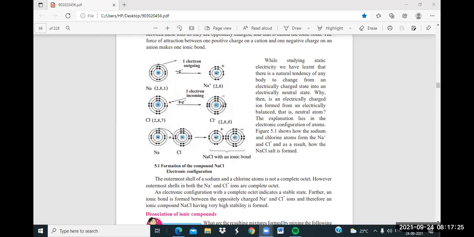Suppose sodium is the element here and its atomic number is 11. So 2, 8, 1. Why can it lose easily? Because in its outermost shell there is only one electron, not strongly attracted toward the nucleus. When it loses or donates the electron, it has a positive charge, and the one accepting has a negative charge. Got it?